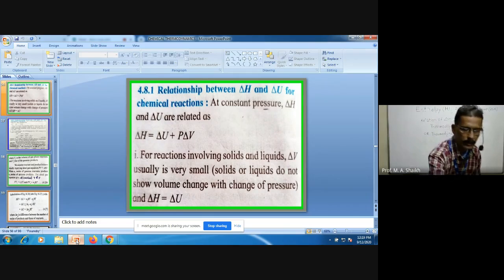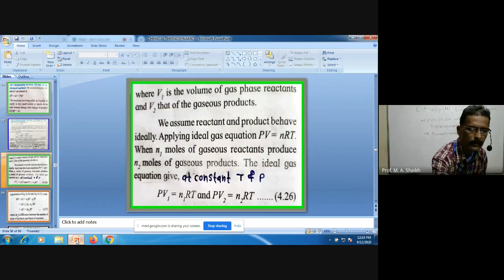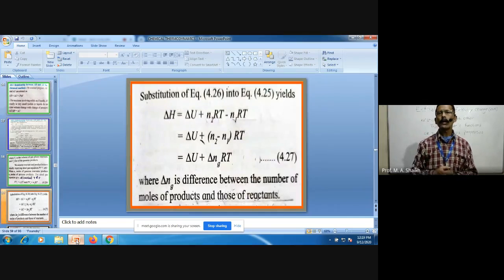What is the other condition? The condition is when delta N is 0. At that time delta H is equal to delta U. When will delta N be 0? Delta N will be 0 when N1 is equal to N2, that is, when the number of moles of gaseous reactants is equal to the number of moles of gaseous products.